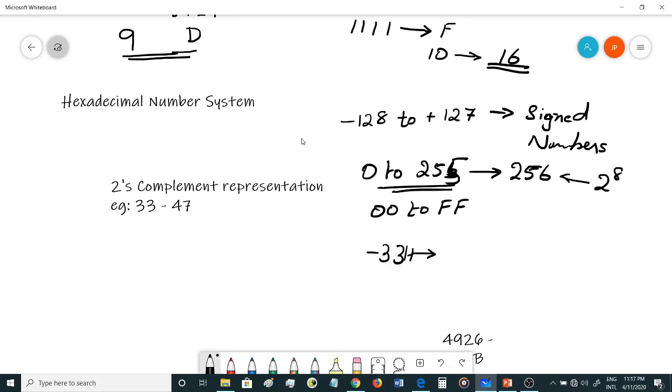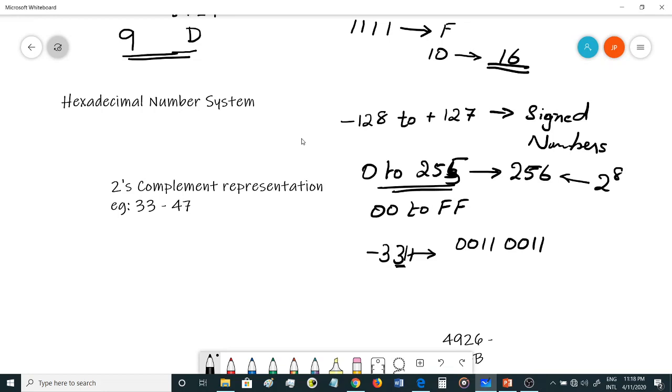So 33H can be represented as 0011, which is the first 3, and the second hexadecimal digit can be written as 0011, which is the second 3. So 33, this is positive 33. To find its 2's complement form, its corresponding negative 33, you need to first take the 1's complement.